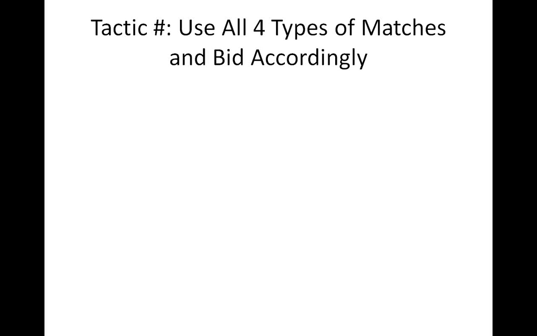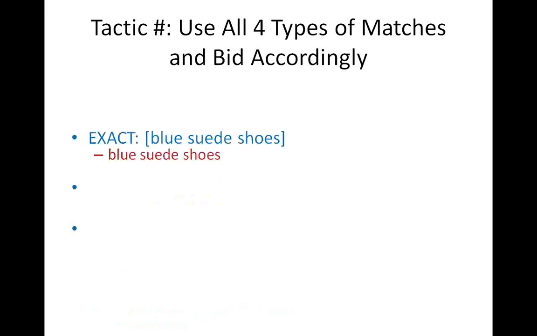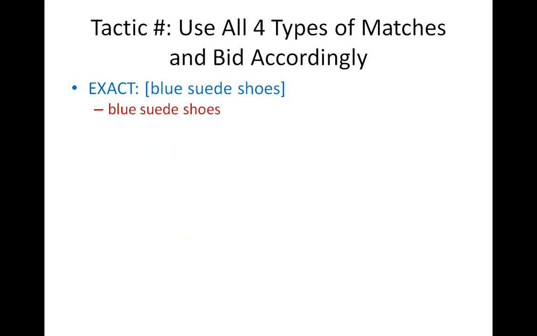Then there are 4 different types of matches. You have the exact match. So when people search for, for example, blue sweat shoes, they'll find your ad because it's between brackets. Okay, and between brackets means that people will have to be looking for that specific keyword.